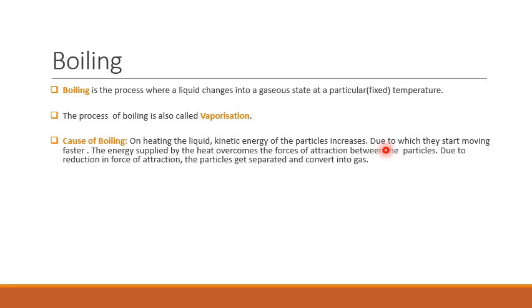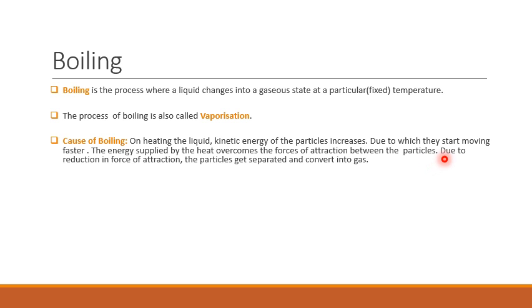You know that the liquid particles have kinetic energy more than that of the solids. So when we heat the liquid particles, they would start moving faster. And this energy which we are supplying by heat is used to overcome the force of attraction between the particles.